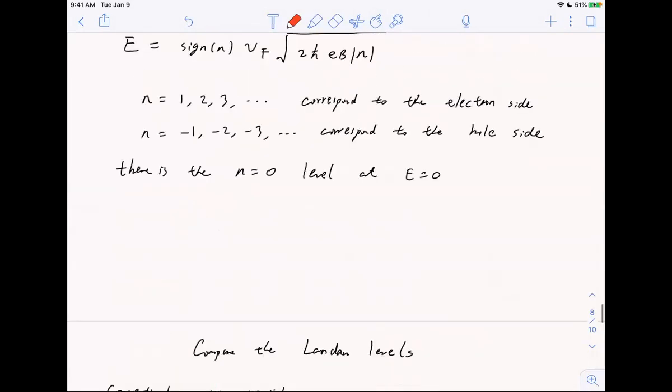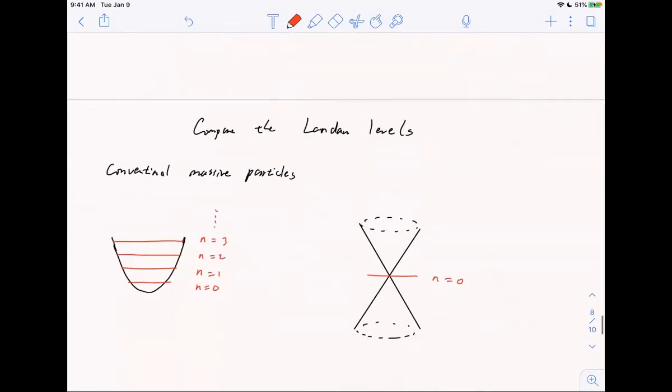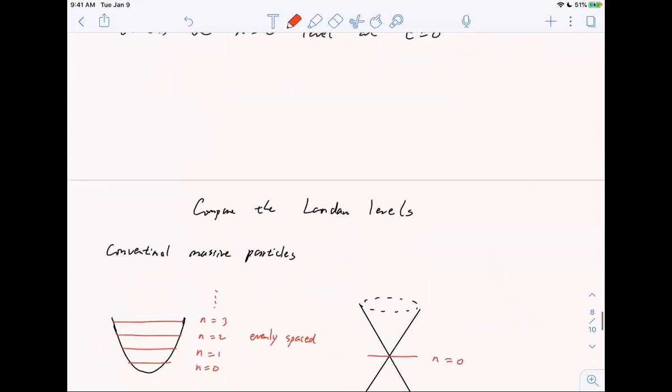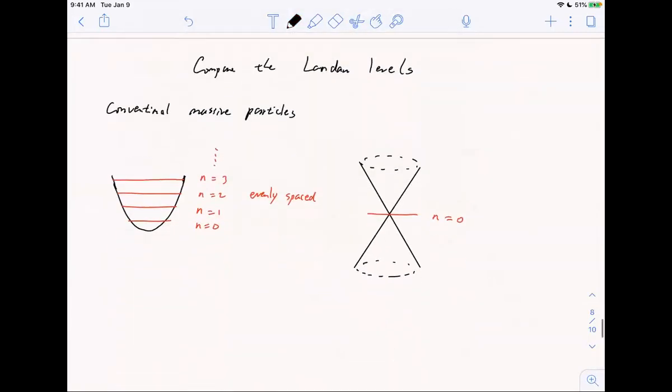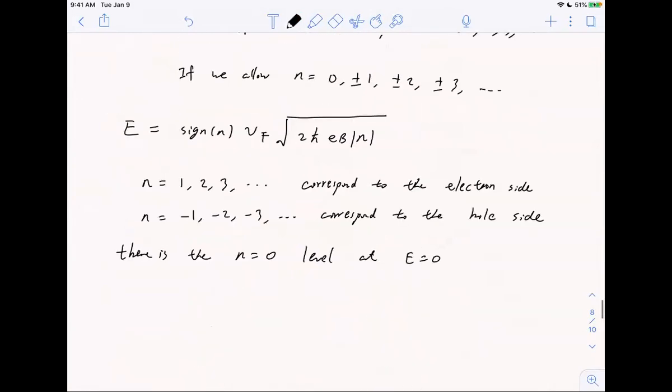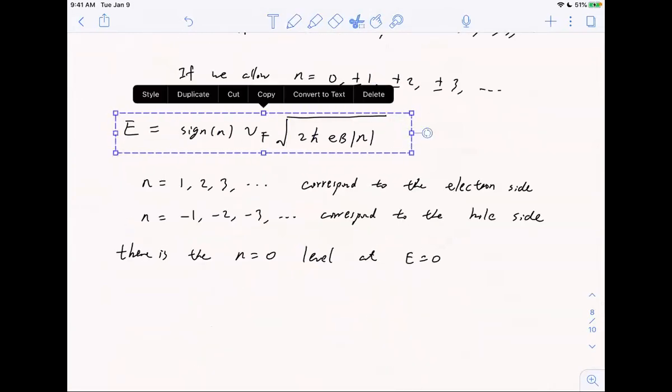Here you can see that the spacing is equal, evenly spaced. But here it is not evenly spaced. Let's just write the energy level. The energy level is equal to, and here the energy is like this.